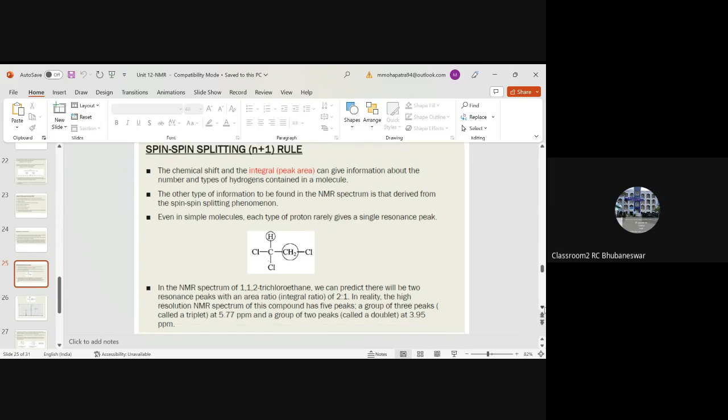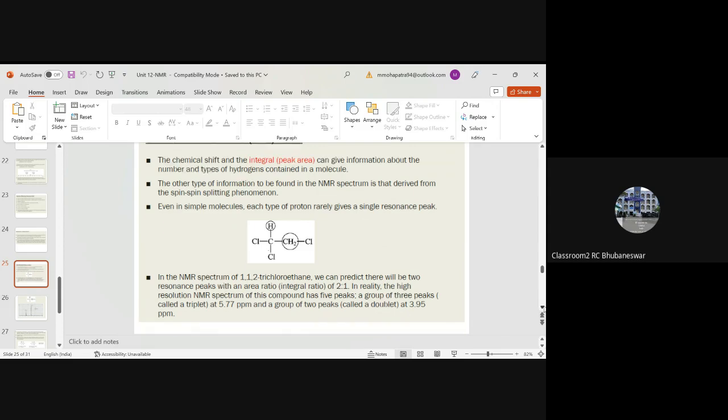Okay, a group of 3 peaks, which is called a triplet, at a chemical shift of 5.77 ppm, and a group of 2 peaks, that is a doublet. Here the spin splitting concept is coming in.